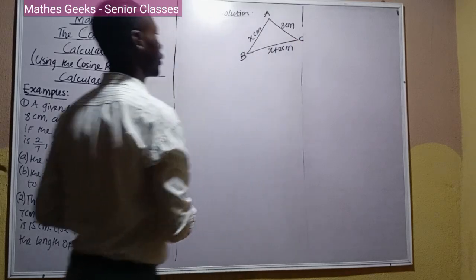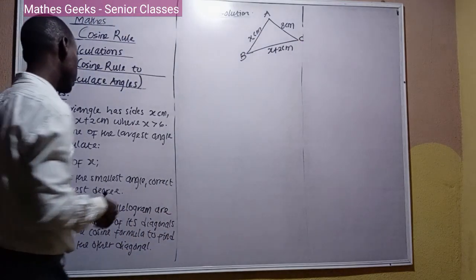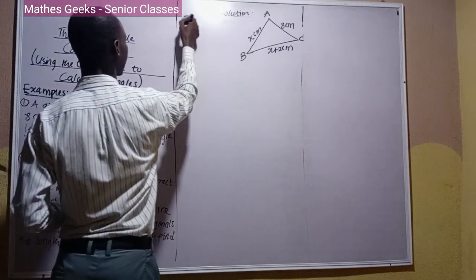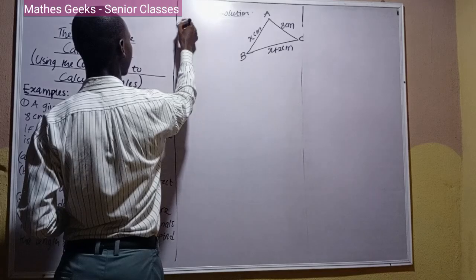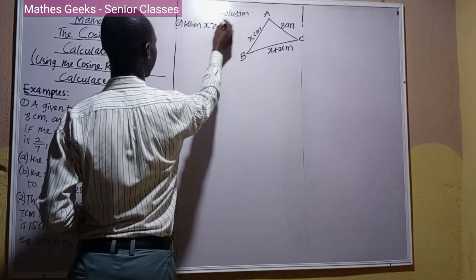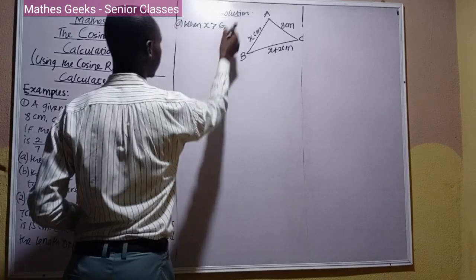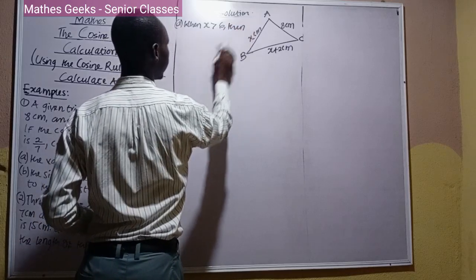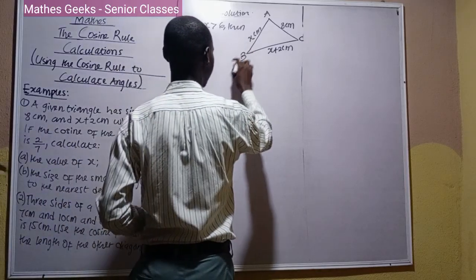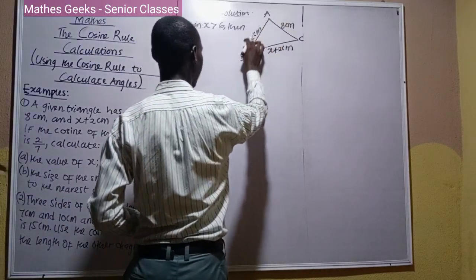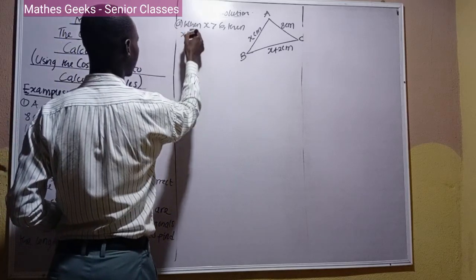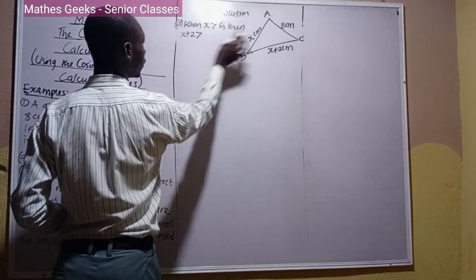ABC is our diagram. We're told that x is greater than 6, so we're going to come up with some reasoning. If the value of x is greater than 6, that means x plus 2 is greater than 8.